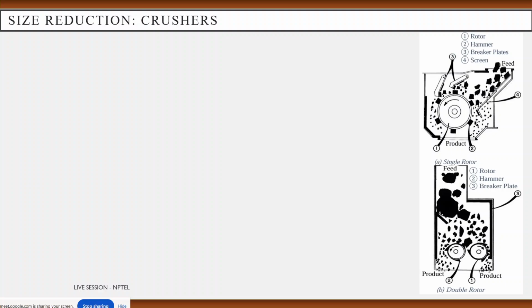In the last class, one part remained to discuss, that is the crusher called impactors, or as we also know it, the impact crusher.